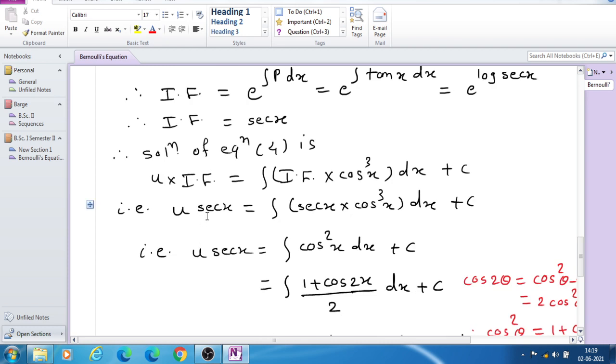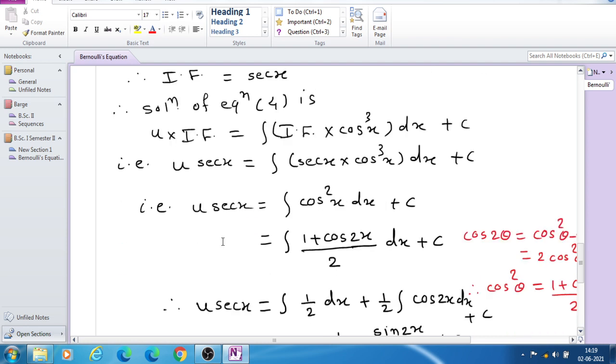So substitute value of integrating factor, we get u into sec x is equal to integration of sec x into cos cube x dx plus c. That is u into sec x is equal to here sec x into cos cube x. Sec x is 1 upon cos x, therefore here remains cos square x dx plus c.